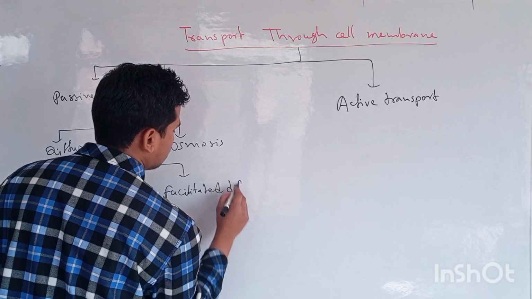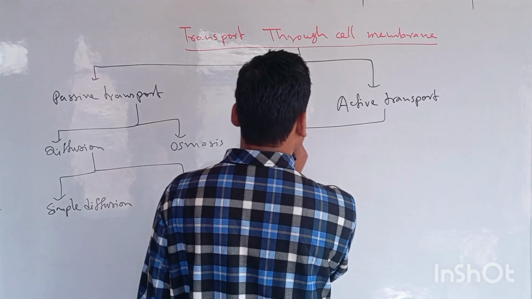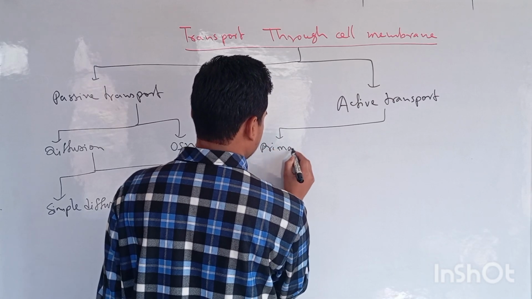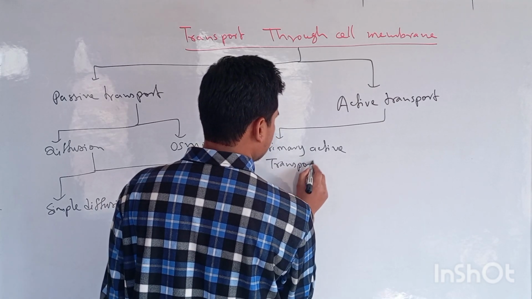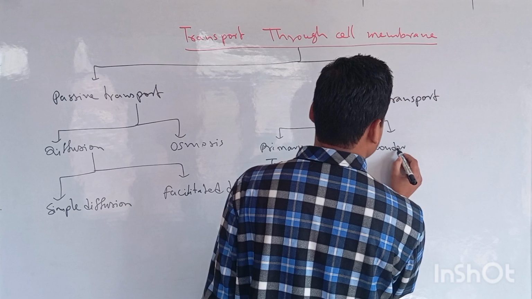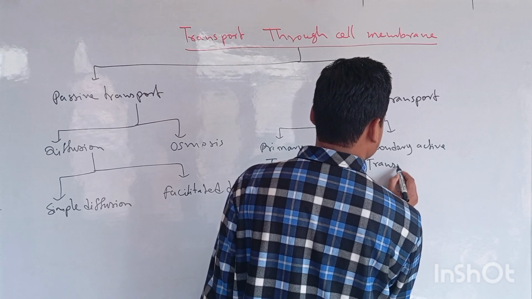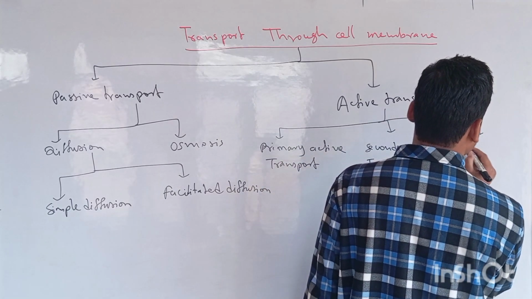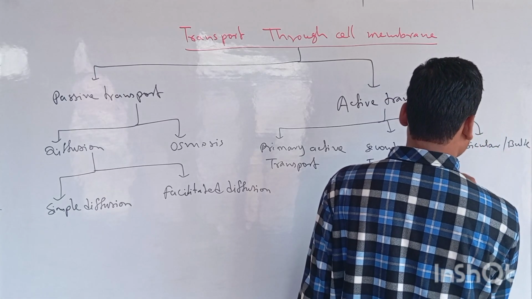And under active transport there will be primary active transport, then secondary active transport, and one more type, vesicular or bulk transport.